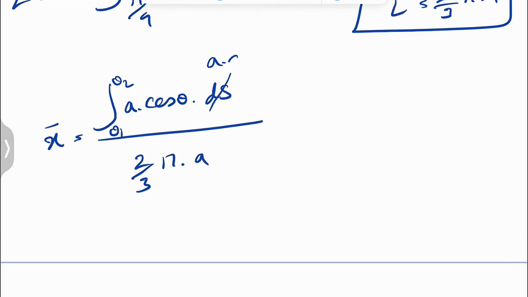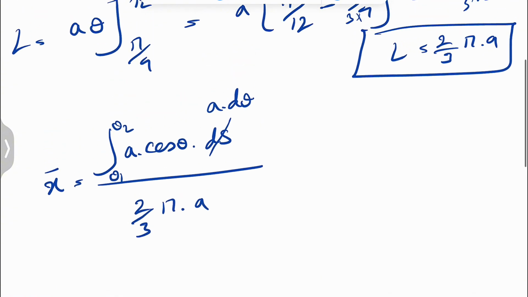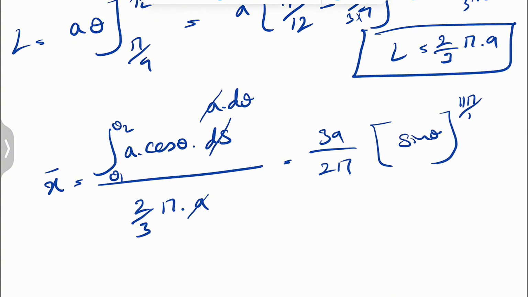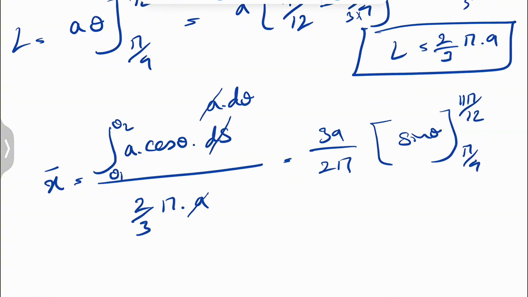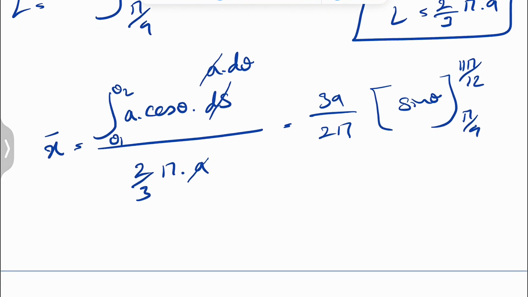Our ds was basically a d theta. So now we have a squared in the numerator, and we can cancel one of them out. So basically what's left is 3a over 2 pi, and the integral of cosine would be sine of theta, and that's going to be from theta 1 to theta 2, so we just have to plug those in here.